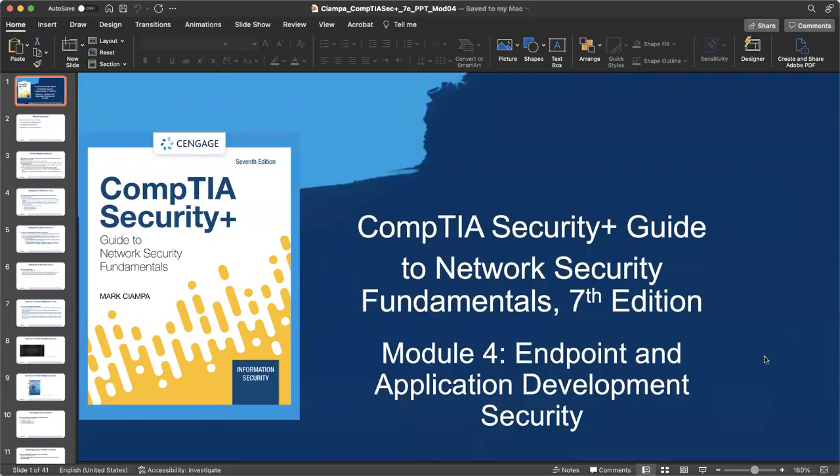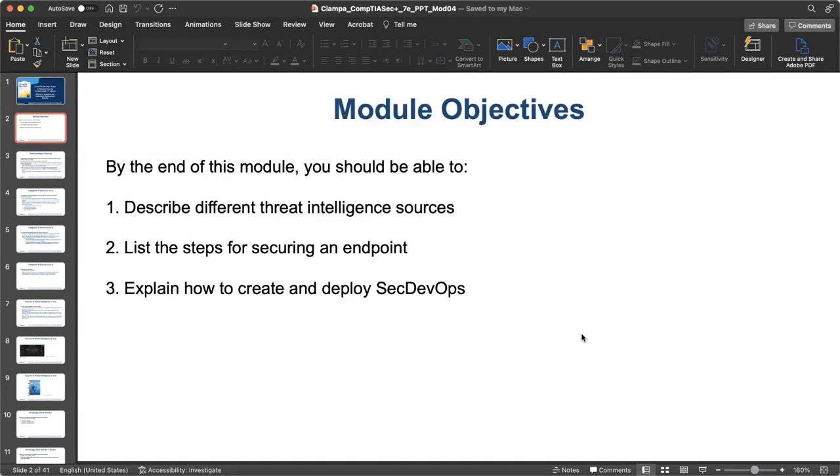Okay, welcome to Module 4, Endpoint and Application Development Security of the Security Plus or Network Security Fundamentals series of courses. So tonight, we are going to go over multiple topics.